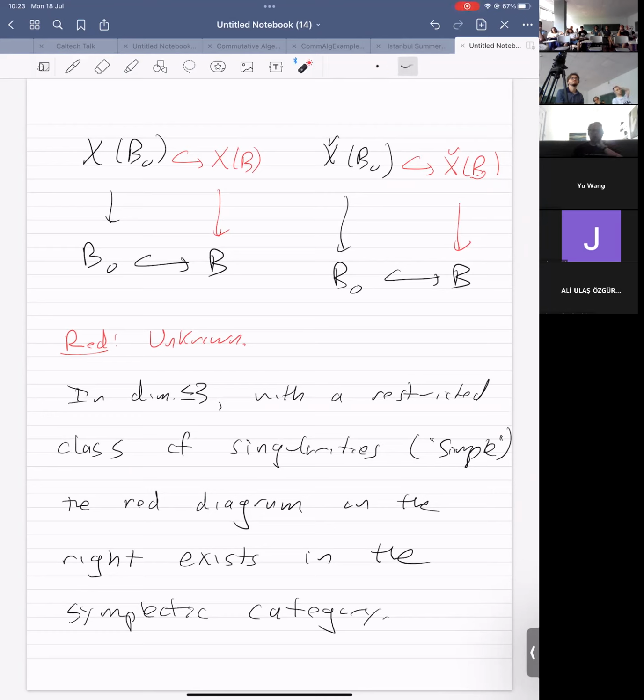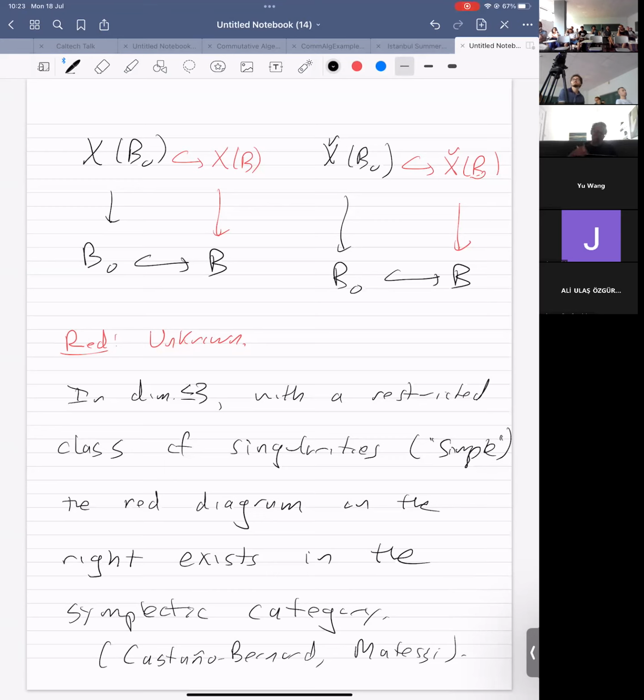So in other words, there's a way, at least in nice cases, of compactifying this symplectic manifold to a compact symplectic manifold across the singular points. And this is due to Castaño-Bernard and Matessi.